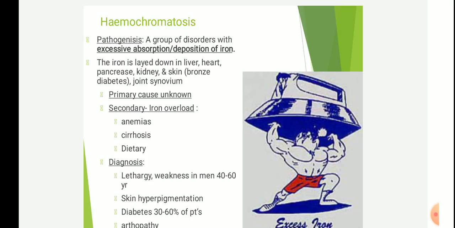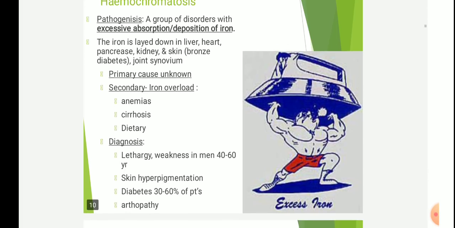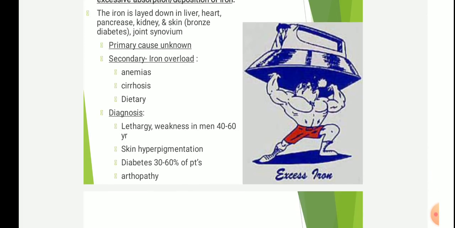The primary cause is unknown. Secondary iron overloads could be seen in anemias, frequent blood infusions in anemias, cirrhosis, and dietary causes. There could be skin hyperpigmentation.